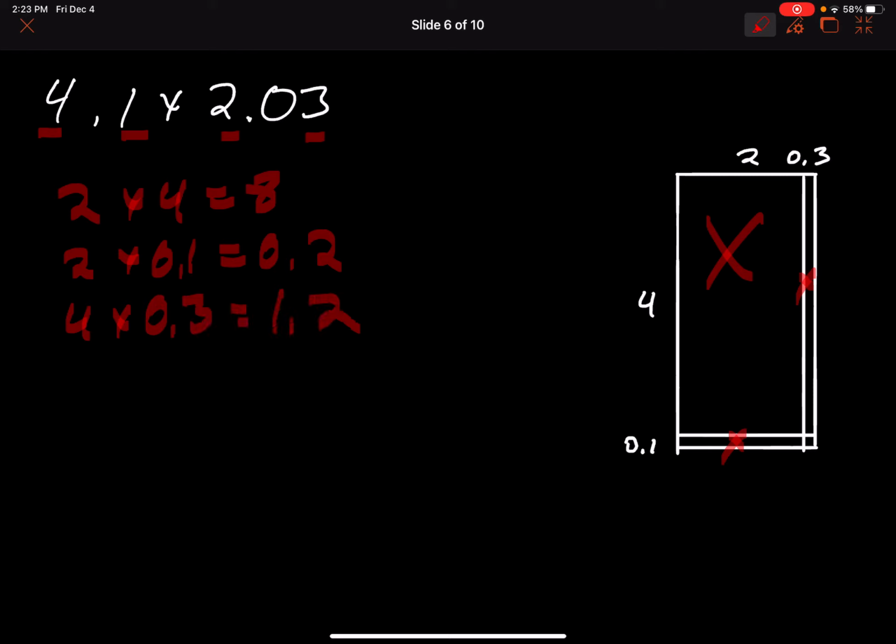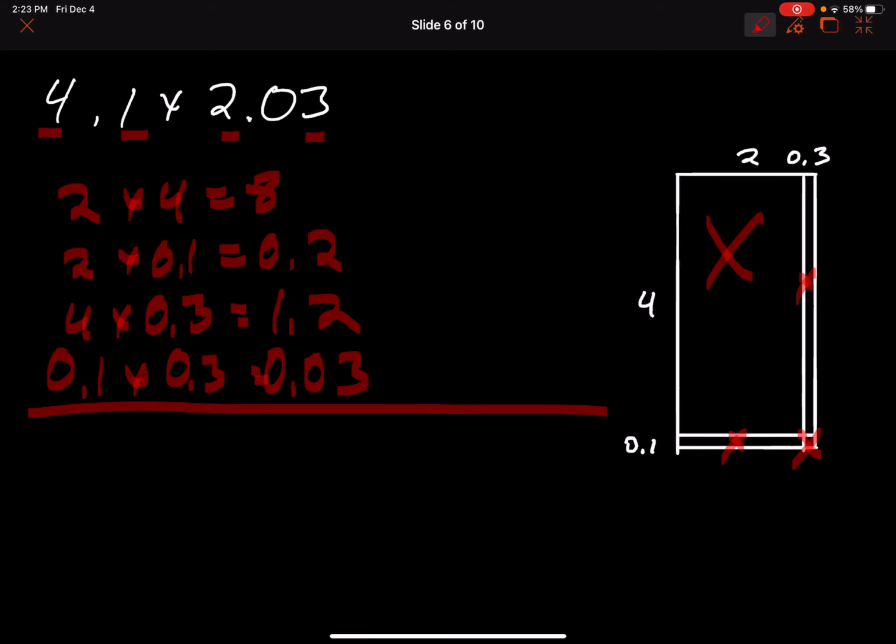Okay, and then we're going to do this box here, which is 1/10 times 3/10. Okay, with the 2 place values. And now I can add them back up. So I have the 3, I have the 4 and the tenths, and then I have 9.